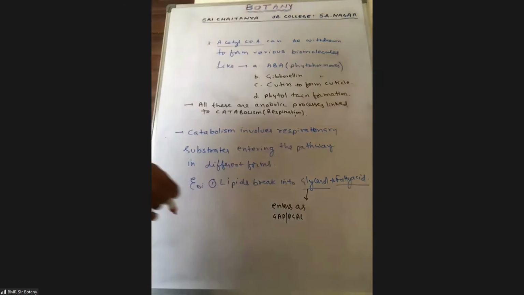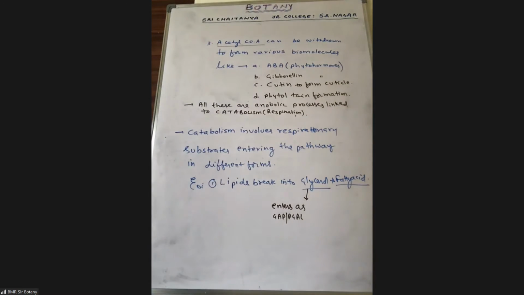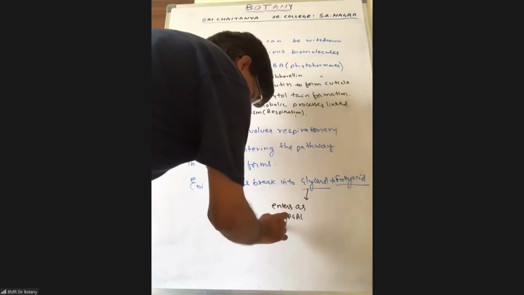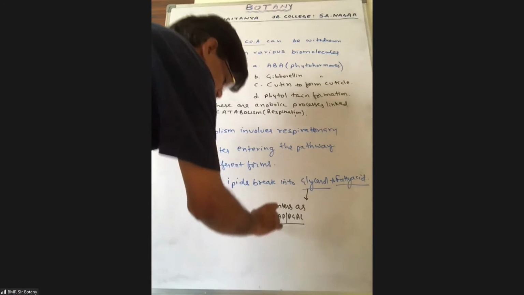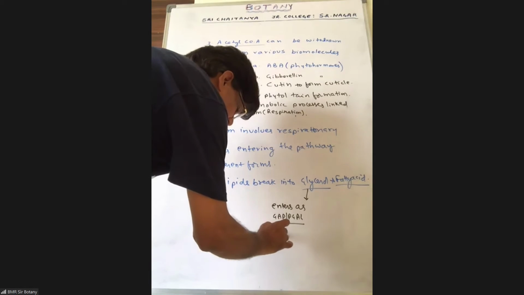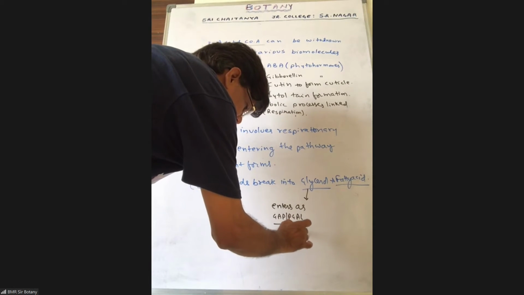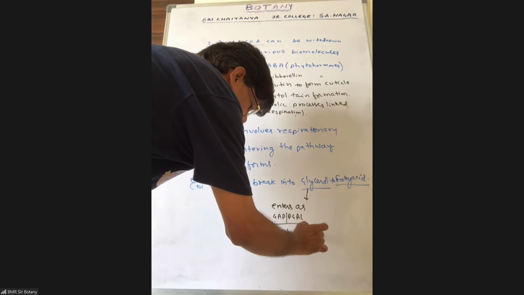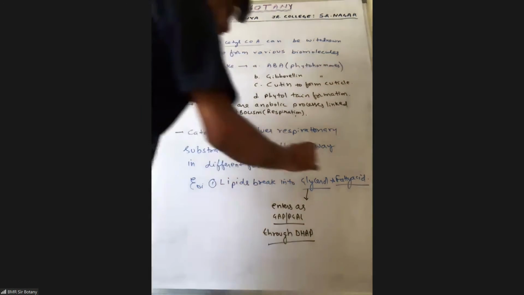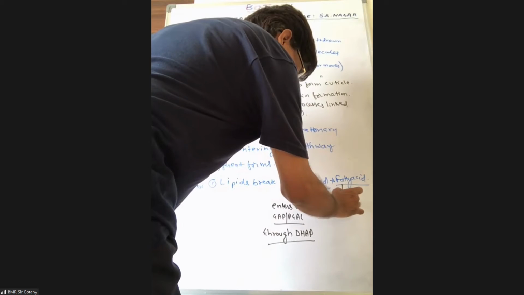When fructose 1,6-bisphosphate undergoes cleavage, you get a DAP and a GAP. GAP is otherwise PGAL, phosphoglyceraldehyde, nothing but glyceraldehyde 3-phosphate. It will enter as this through DAP, dihydroxyacetone phosphate.